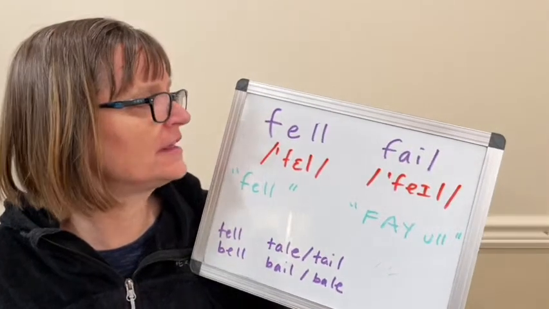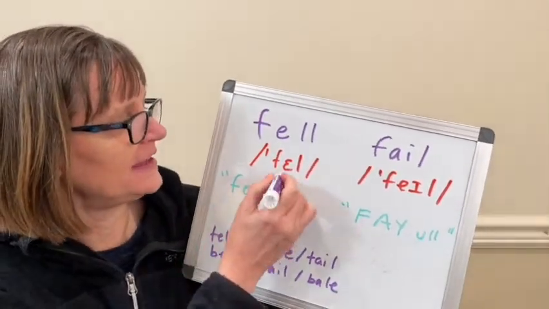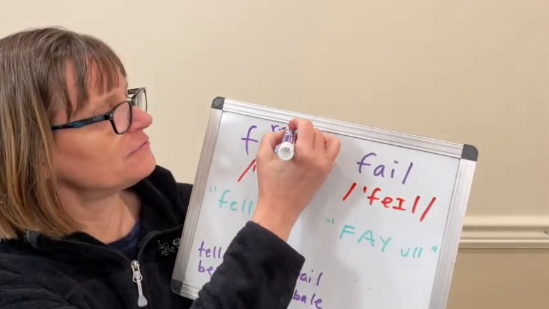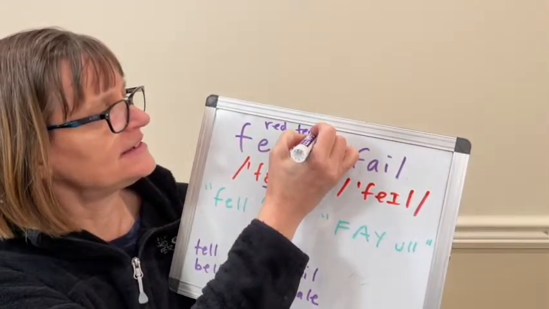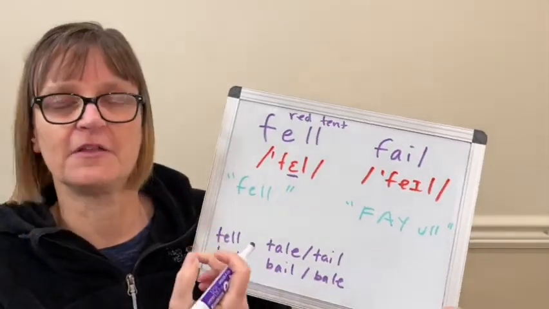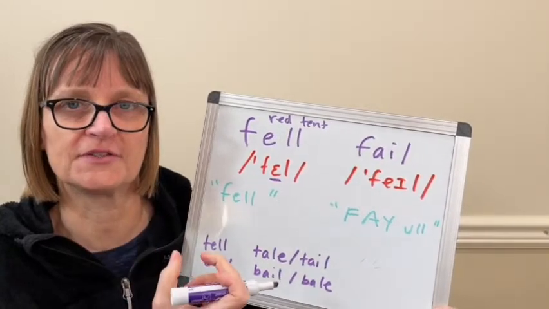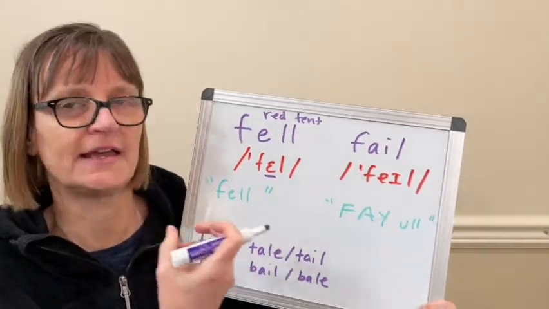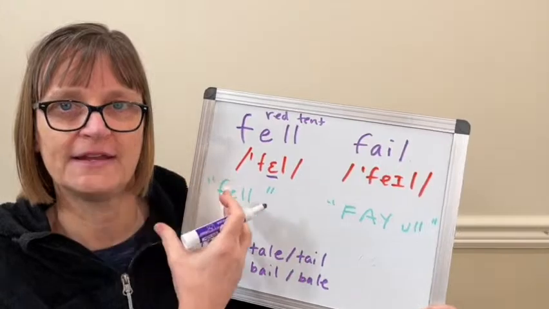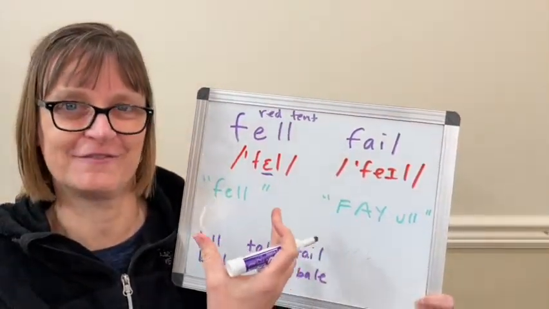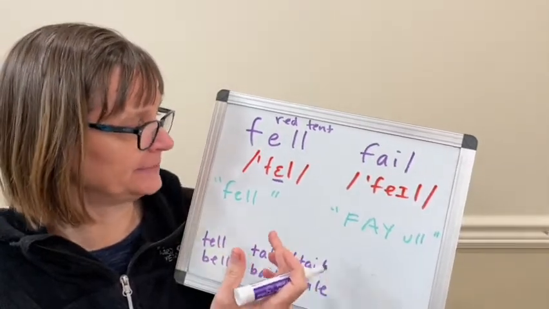So first of all, in the word fell, we have the eh vowel, which is the vowel we have in the words red and tent, and many other words, of course. I use red and tent as my anchor so that I can make a comparison. If I'm saying red and fell, red is not going to sound very much like fail, so it may be easier for you to hear that vowel contrast and say that correctly.